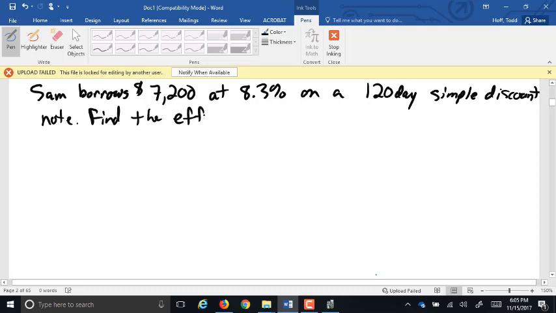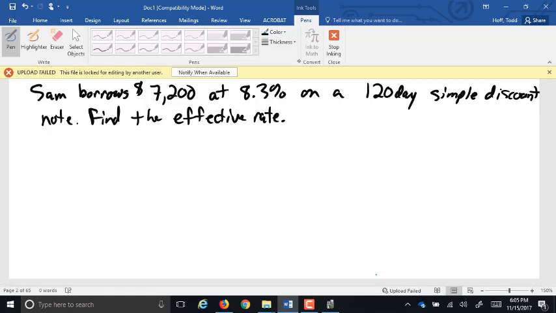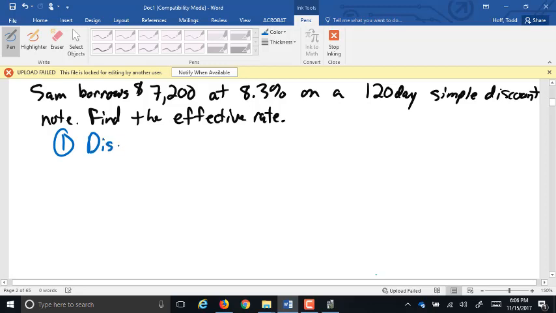Find the effective rate. Well, to find the effective rate, what's the first thing I need to know? The proceeds. And to get the proceeds, I first have to find the interest, or what's called the discount.